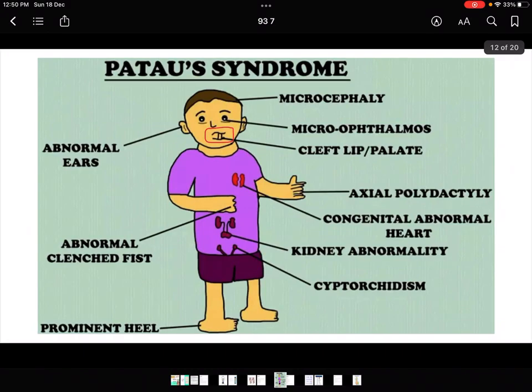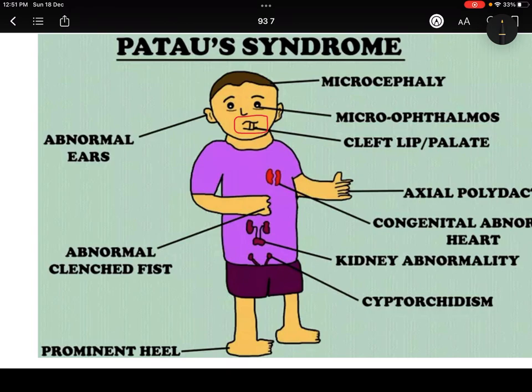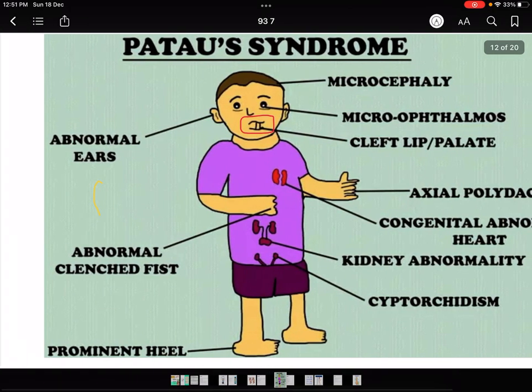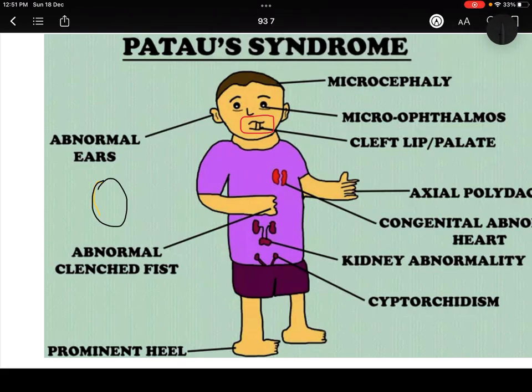Then abnormal ears or low set ears. Ears are very low. For example, if I draw a normal person's face, their ears are here, but they have them very low. ठीक है? And they have hearing problems also. ठीक है? They have clenched fist. You can see the fingers are overlapping on each other.